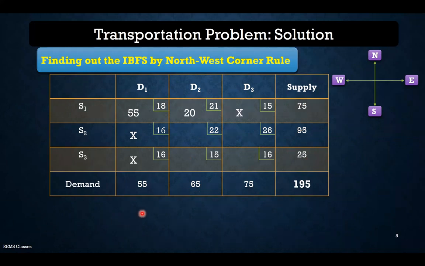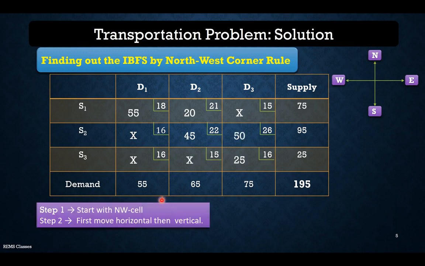We have 20 units crossed out, then 45 units, and finally 50 and 25 units. We started with the northwest cell, first moved in the horizontal direction, and then moved in the vertical direction. These are the two main steps in this method.